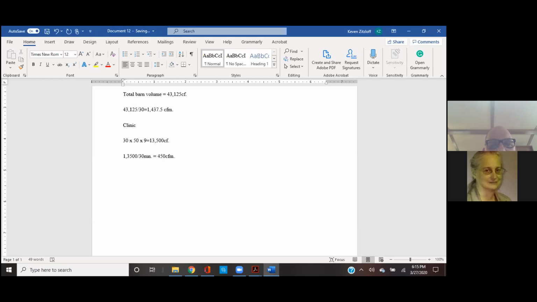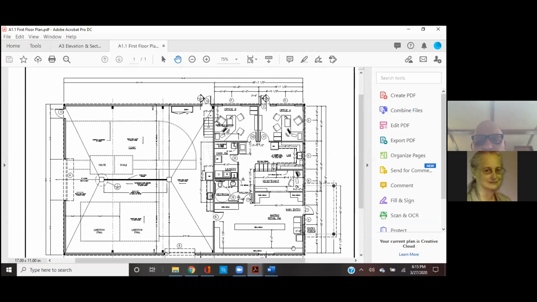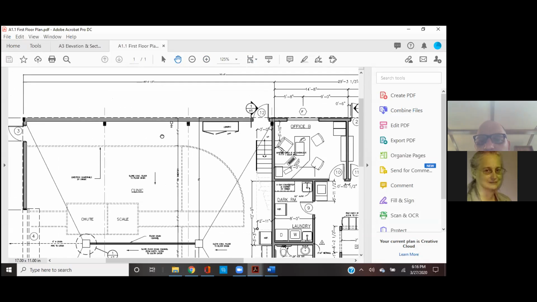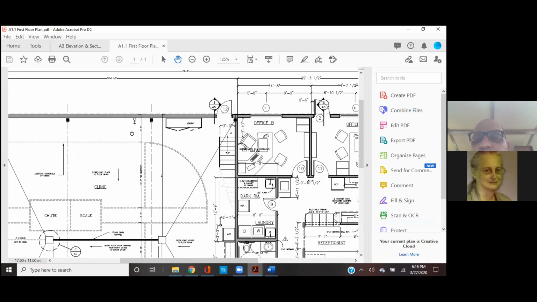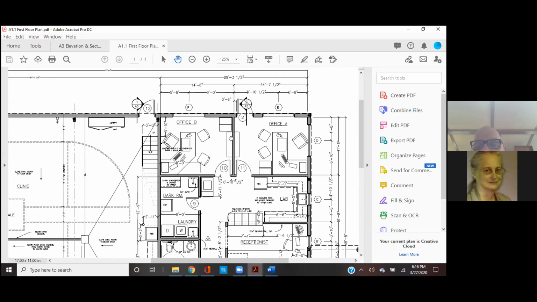Okay, now let's take a look at an office here. So that first office, how big is that? They have 14.8 by 11.6.